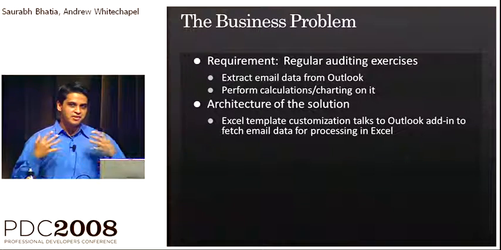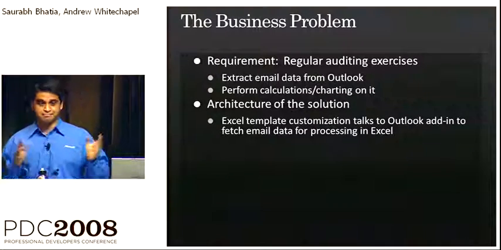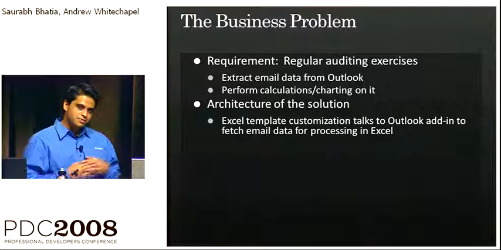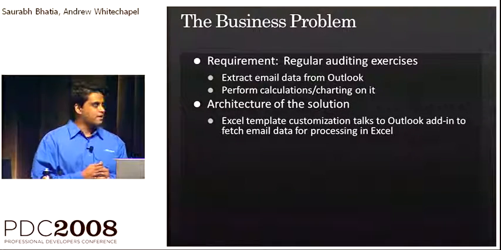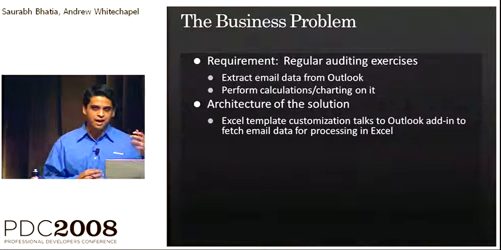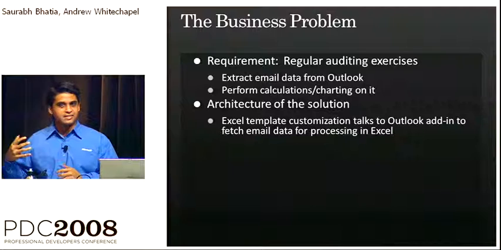The most obvious sort of solution that comes to mind is you want to pull that data into Excel because Excel has great functional and charting capabilities, right? So soon the solution sort of starts to look like you need a data source. And for this example, we're going to choose Outlook as a data source and pull that data into an Excel template.